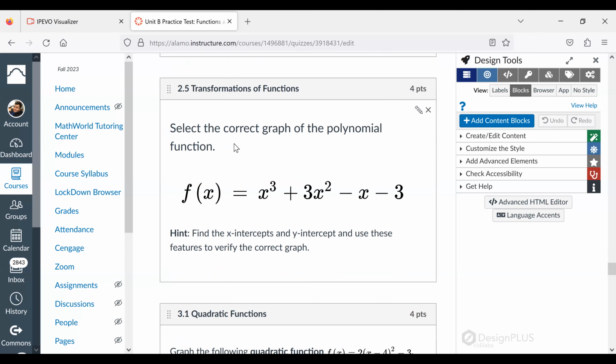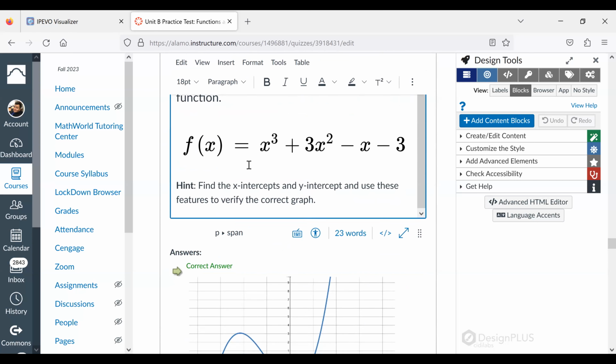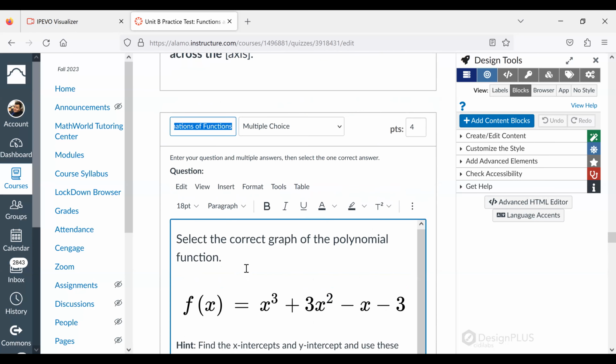Okay. Select the correct graph of the polynomial function. So here it looks like we gotta just choose a graph. So let's just skip that guy.